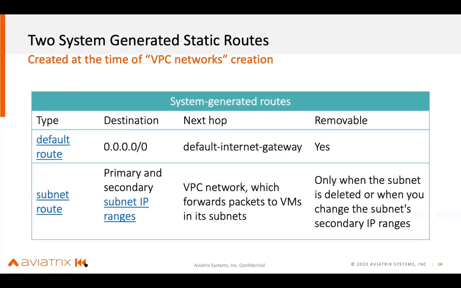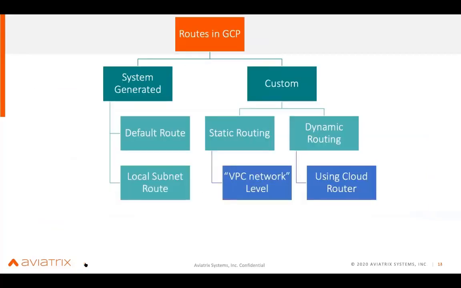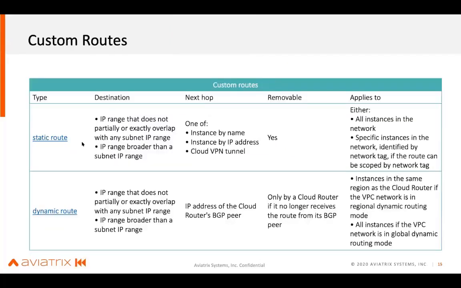Again, this is limited within a VPC only. Then you have custom routes where you can define custom static and dynamic routes. For the static route, the next hop has to be an instance by name or IP address, or a VPN tunnel. And you can do dynamic routing, which is via BGP.